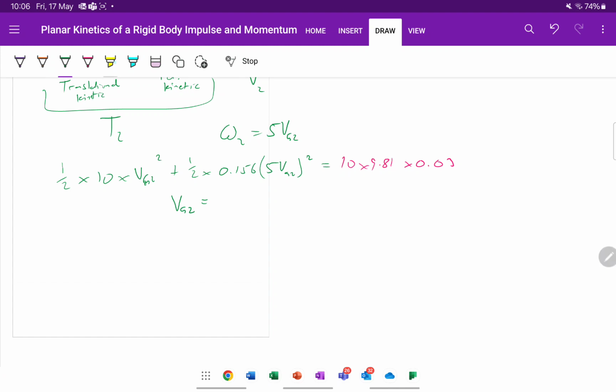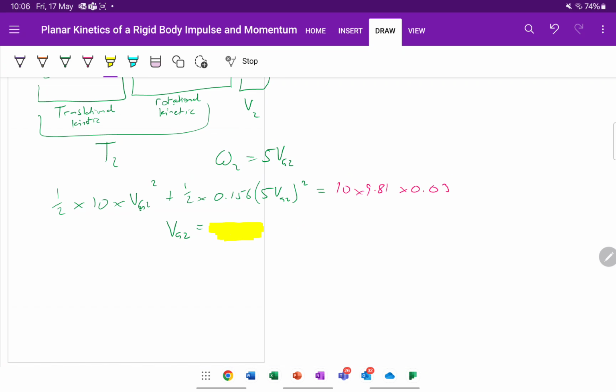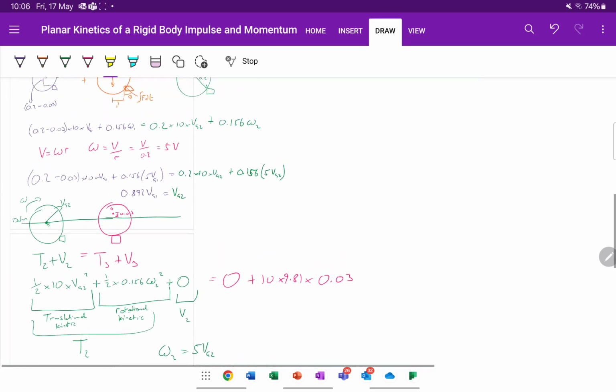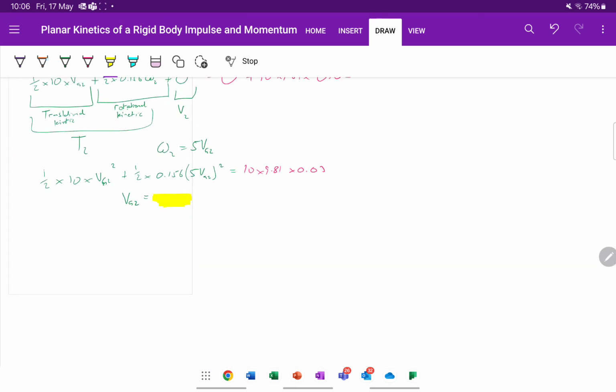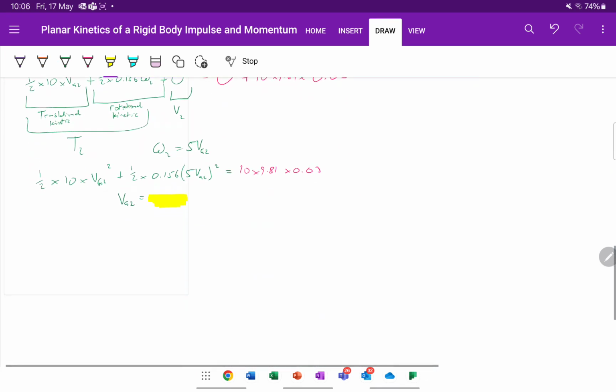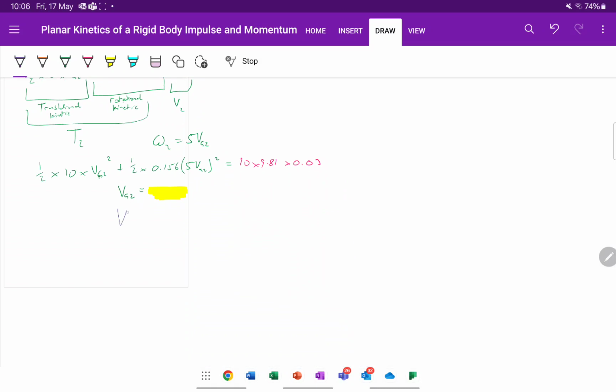But I can substitute that number when I find it back into my conservation of momentum, the first stage. So I can go back into just here, and I can get myself Vg1 back out. So Vg1, which I was writing in purple, so I'll go back to purple, can then be found as equaling 0.729 meters per second.